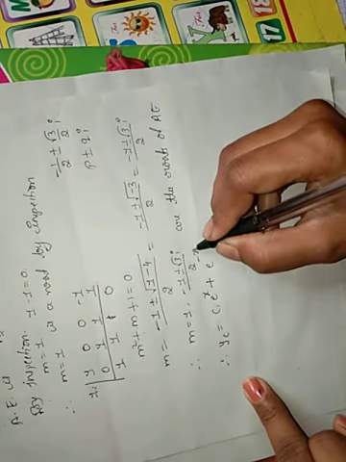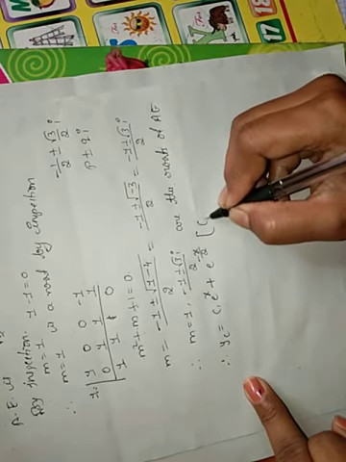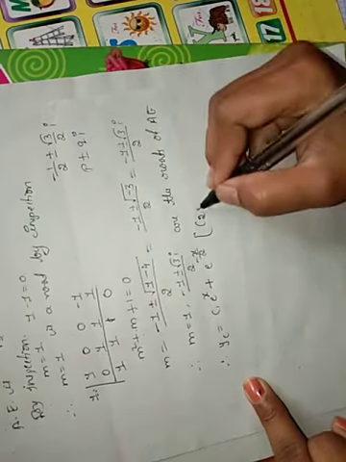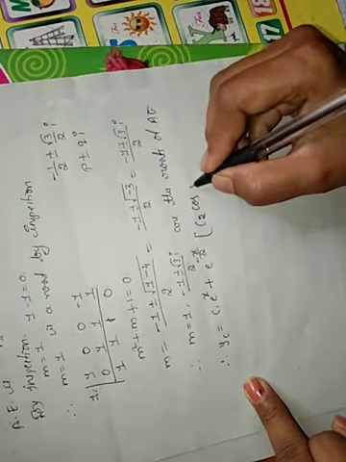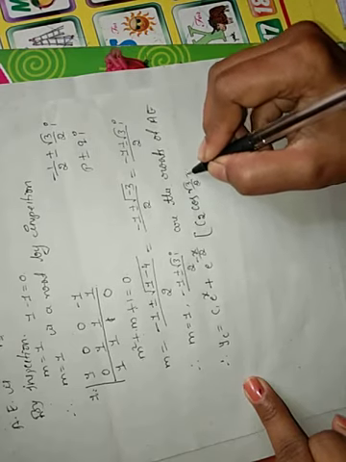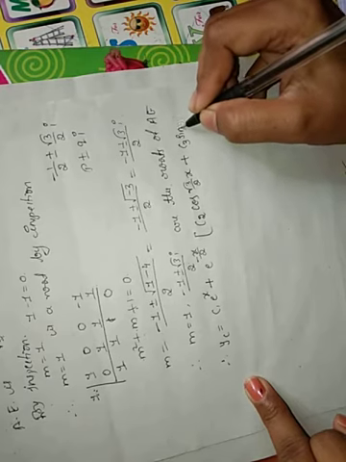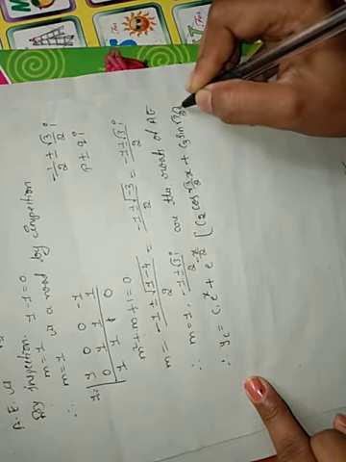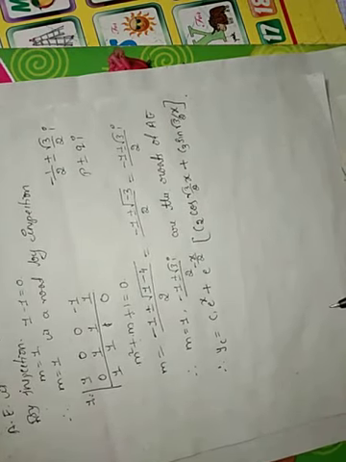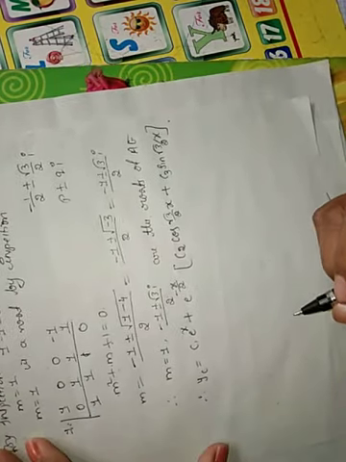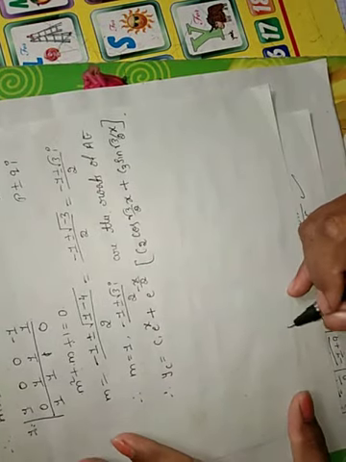So minus 1 by 2 into x is minus x by 2, into bracket c2 cos qx, q is equal to root 3 by 2, root 3 by 2 x plus c3 sin root 3 by 2 x. So for those roots we have written a complementary function here.